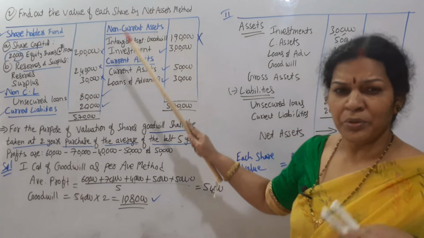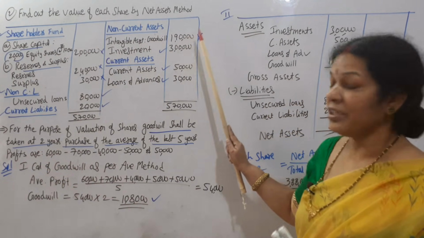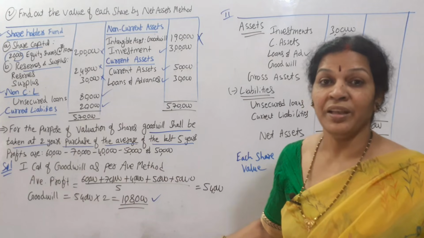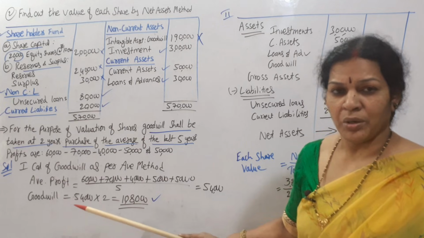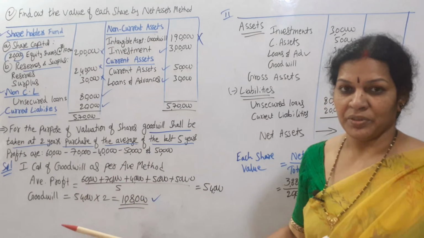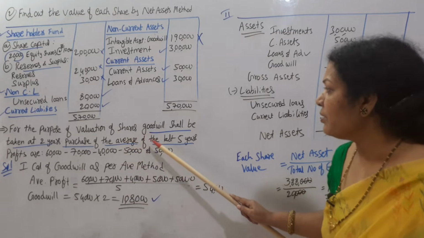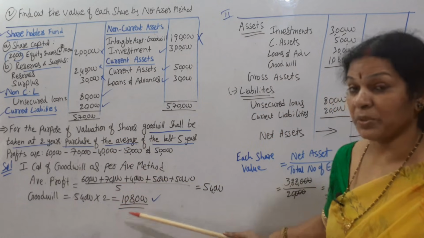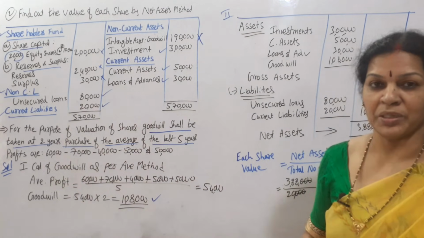Here we are going to take all the assets, but goodwill adjustment is given, so we did not take the book goodwill. Instead, we calculated goodwill by the average method: profits of all the years divided by 5 gives the average profit, and goodwill is average profit into number of years, 2 years purchase, so into 2. Instead of this, we have taken 1 lakh because it is given in the adjustment.